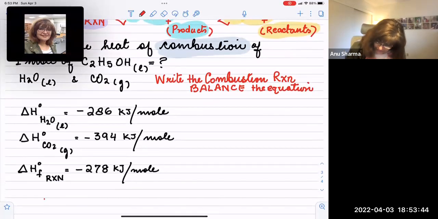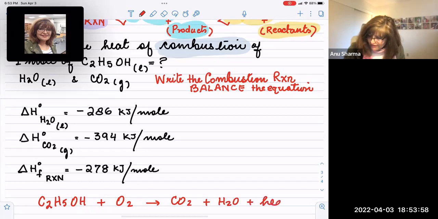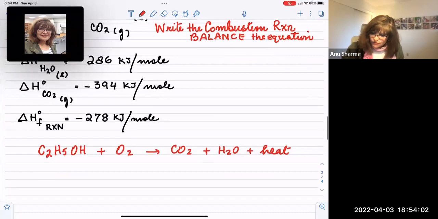So here you have C2H5OH plus oxygen gives you carbon dioxide plus H2O, plus a lot of heat is evolved. That's the amount of heat that they're asking to find.